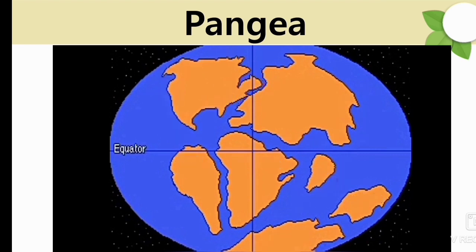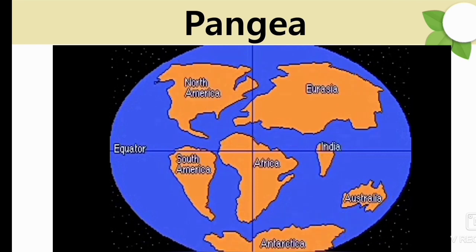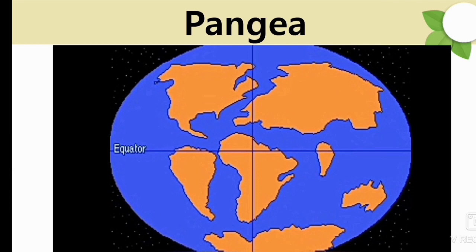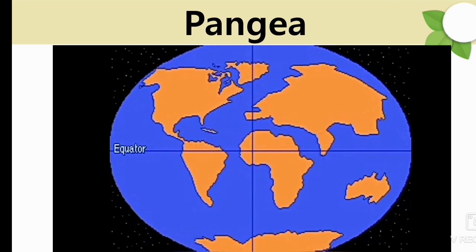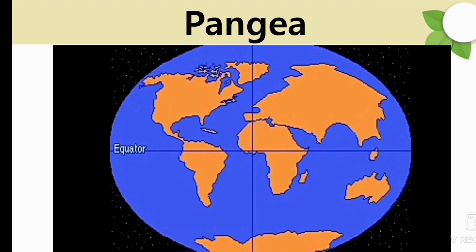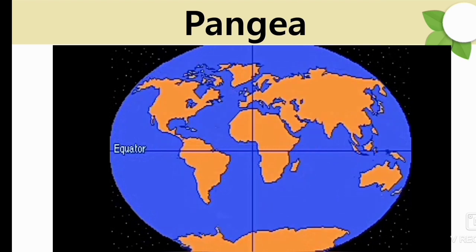Then Laurasia split into North America and Eurasia. It was 200 million years ago when these land masses moved away from each other to gain the present positions as continents and oceans.